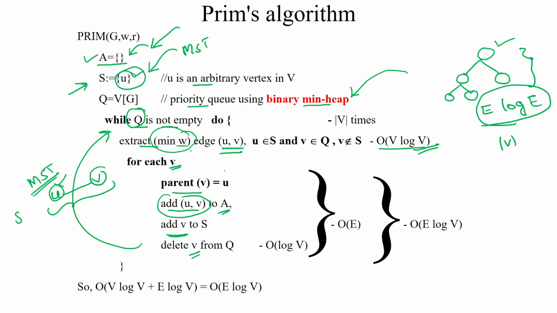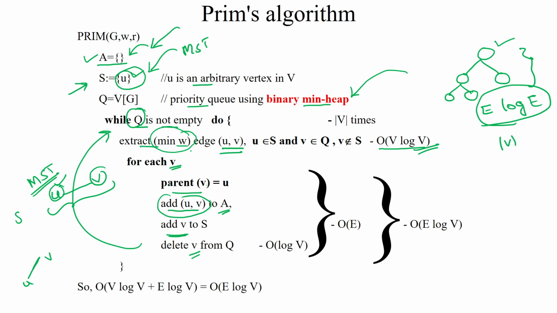Then you have to select that minimum cost edge. If you select one more edge, it may be like this, with the minimum cost available. Here that is assumed as u, this one will be v, so the parent of v will be u.